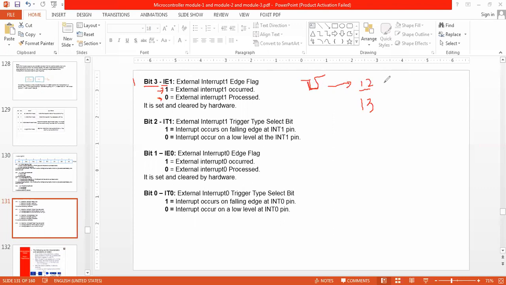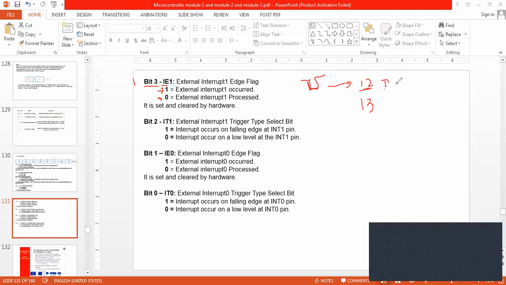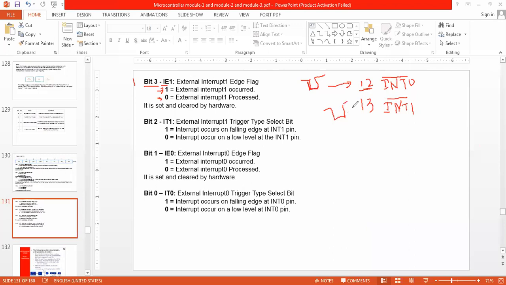Pin number 12 is INT0 bar, and pin number 13 is INT1 bar. INT0 is related to IE0.